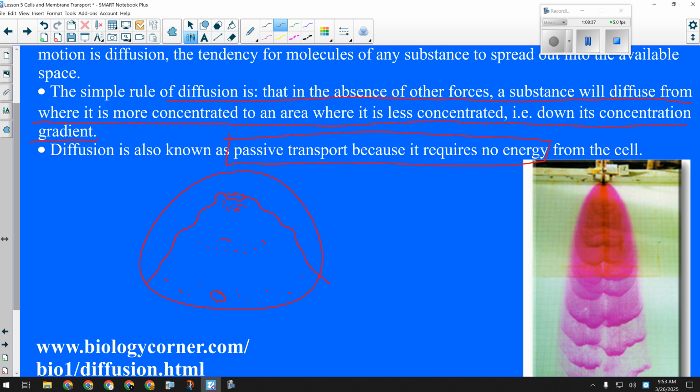That's why, earlier today, I said there's an upper limit to the size a cell can reach. If a cell gets too big, diffusion doesn't work, because by the time stuff gets to the other side of the cell, it's so diluted that it's not getting where it needs to in sufficient concentration. That's actually what limits the upper size of a cell: its dependence on diffusion to transport material.